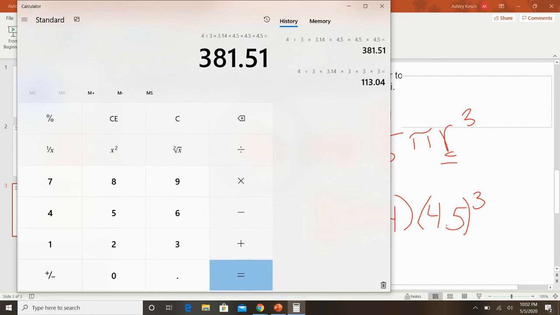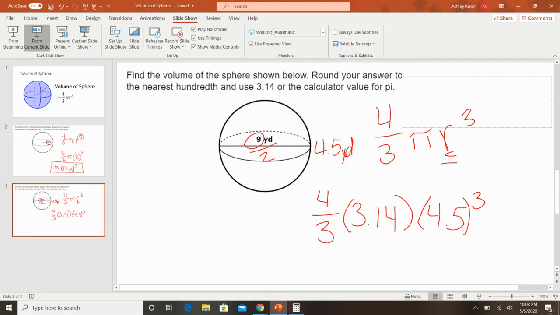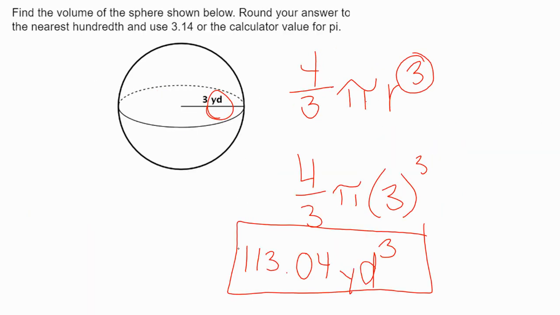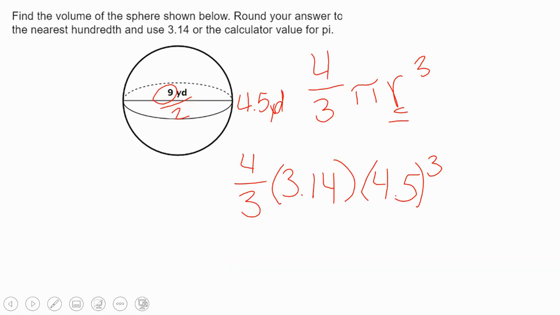I get my final answer is 381.51. Again, it's already rounded to the nearest hundredth.